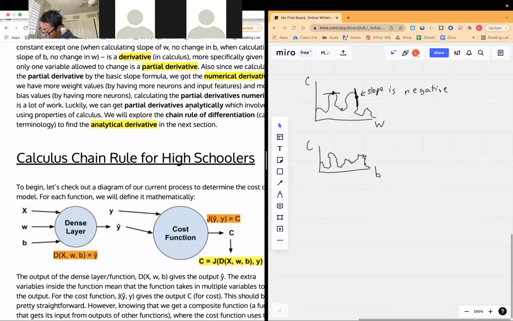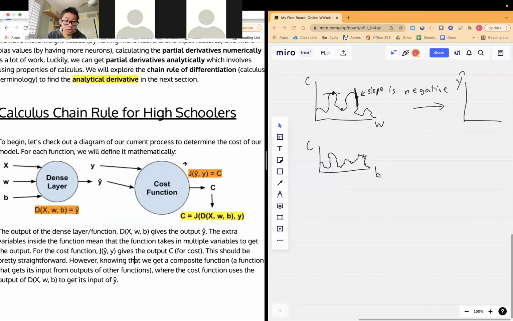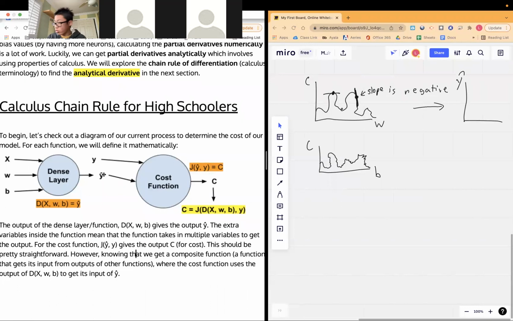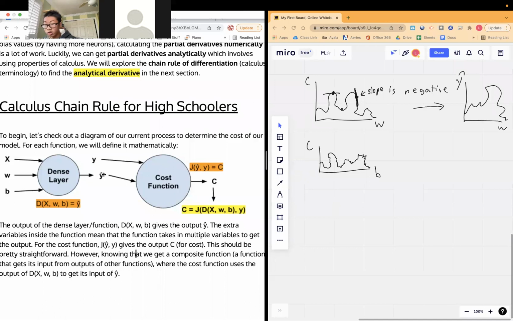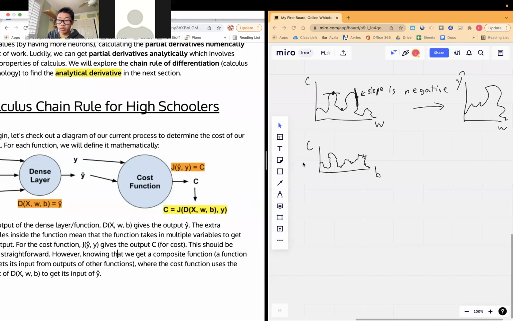Okay, so here we are. You remember how the chain rule says that if we have y hat, right? If you take a look at this picture again, you have y hat and then you have a w on the x-axis and then you have another weird function, and then you multiply this by, you probably can't even see it anymore.